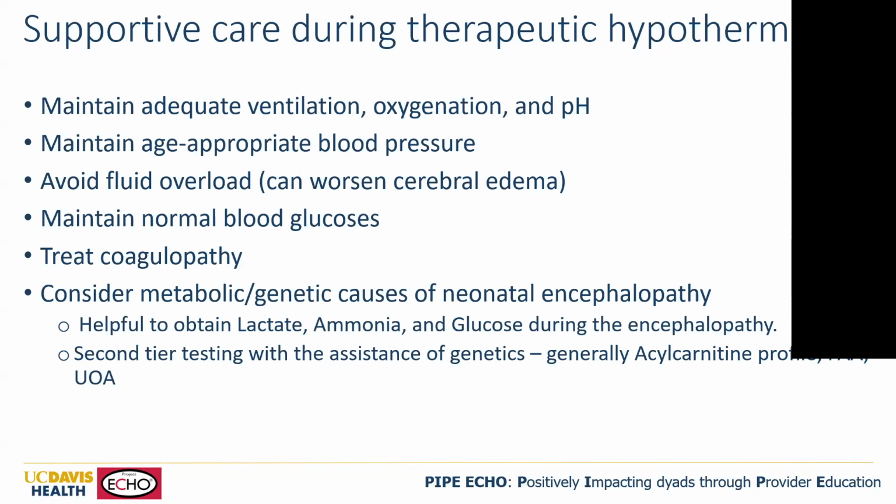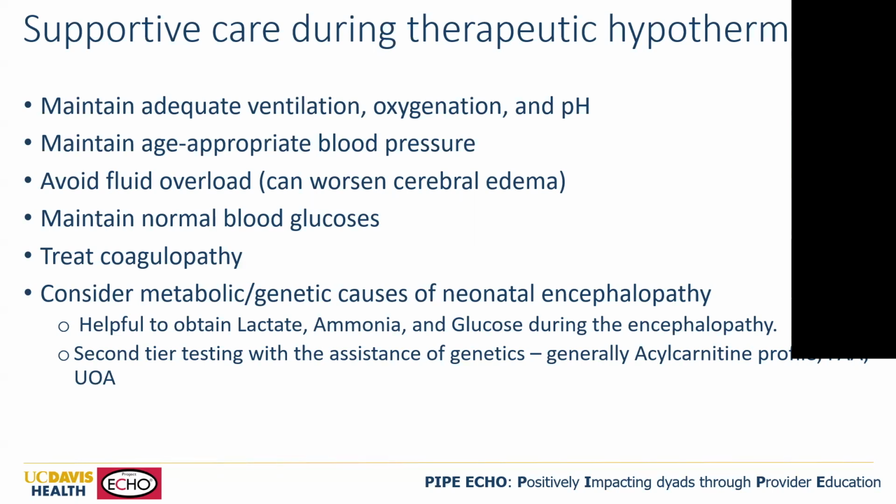That's a very different circumstance than a baby that may or may not have been in some degree of extremis for a period of time without a clear indication, and then has low sugars, a lactic acidosis, high ammonias. Those are babies I'm really worried about a metabolic condition for. That's why it is really helpful, and part of our protocol, to get a lactate, ammonia, and obviously follow sugars during that initial encephalopathy workup.